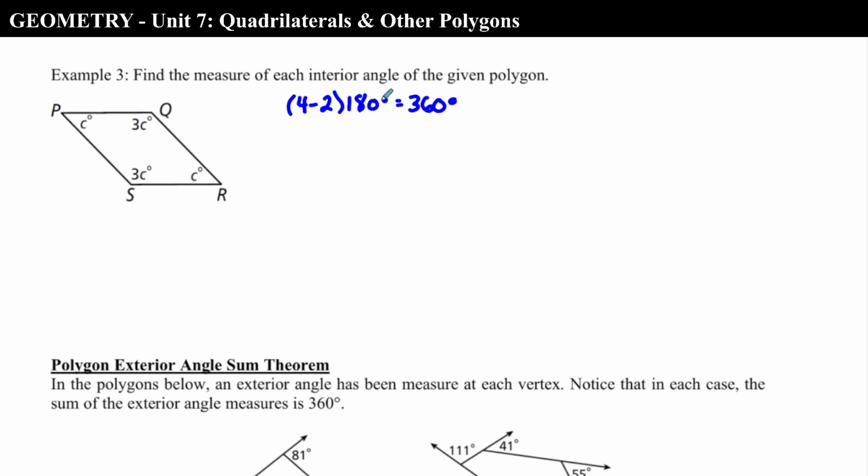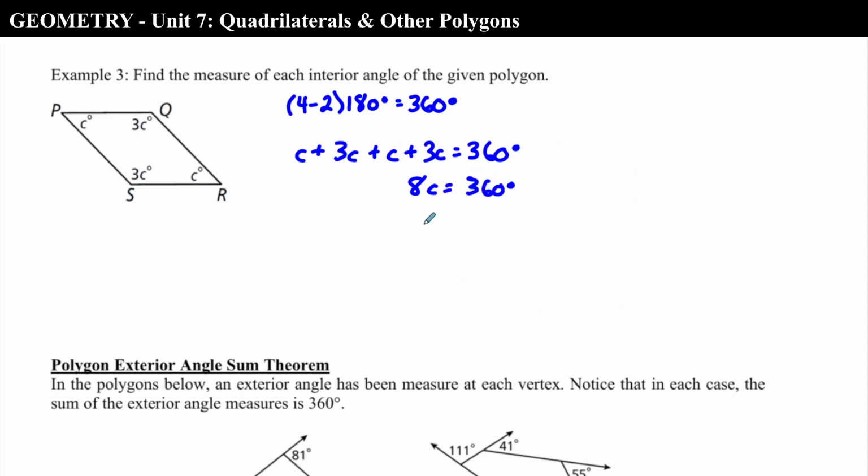Now we know that all 4 of these angles add up to 360. So we have C plus 3C plus C plus 3C equals 360. Okay? If we add up all of our C's, we get 8C equals 360.